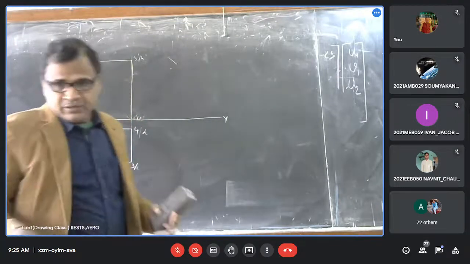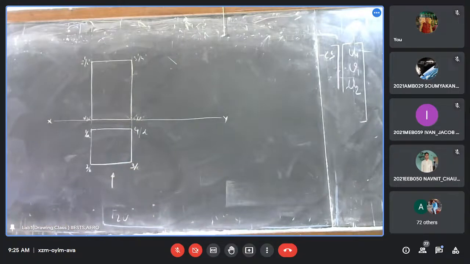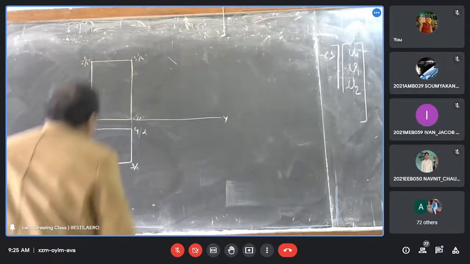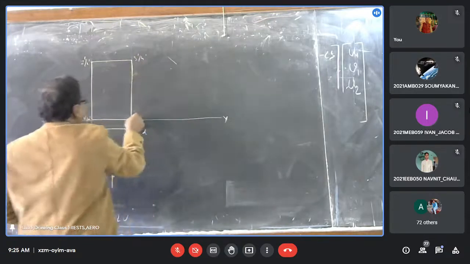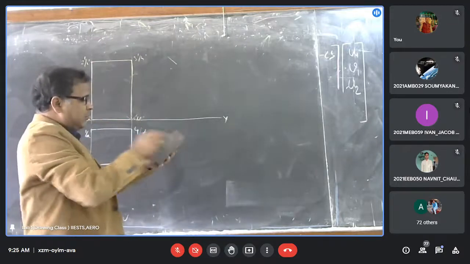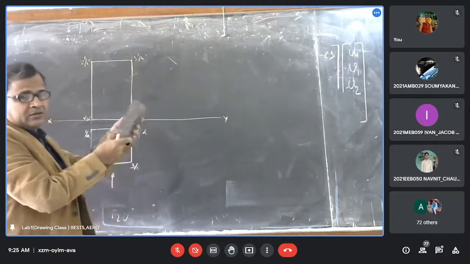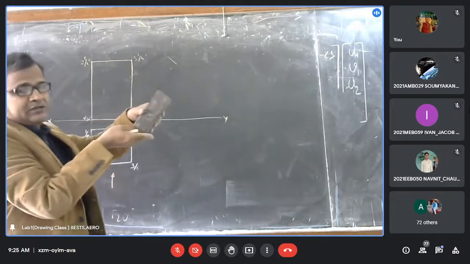So now we just shifted. This is a rectangular. So now, suppose we are making this one in this way.